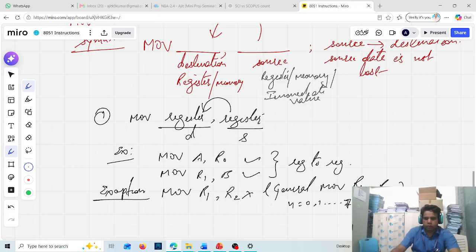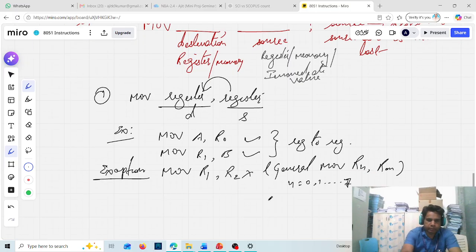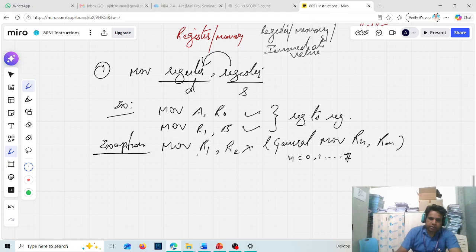That is, you cannot transfer data between any one of the registers like R0, R1, R2, R3, R4. Why is this happening? Because if you remember these registers R0, R1, R2, suppose this is your internal RAM.